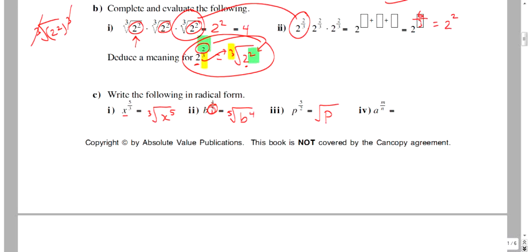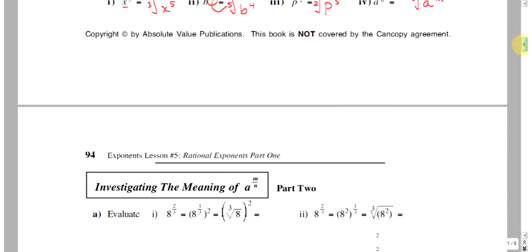Okay, where did this 5 go? You mean the index? Yep. And the 5 is the exponent for p. A to the m over n. Where does the n go? That's the index. Where does the m go? That's the exponent. That's how we do these.